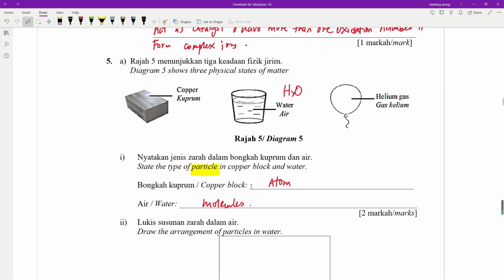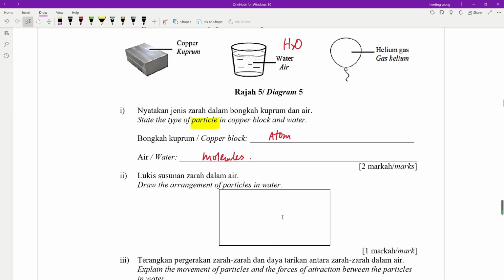Next, draw the arrangement of particles in the water. So water is a liquid form, right? So the atoms should be drawn properly. Okay, some of them still stick together, there are some spaces.